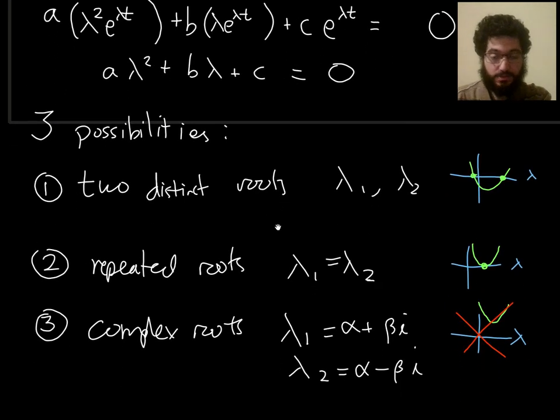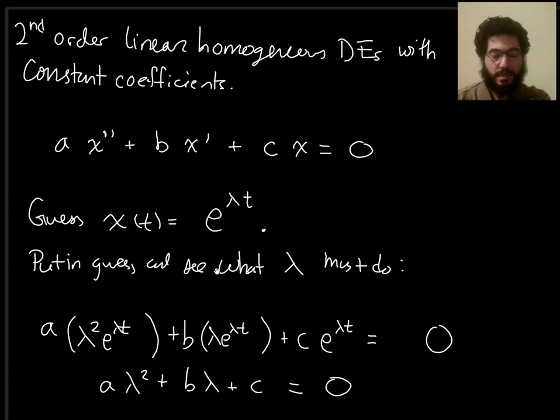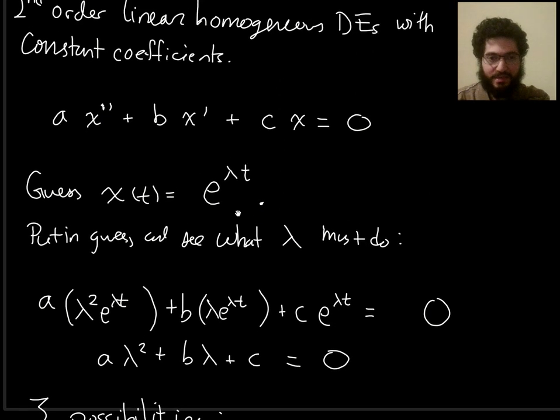All right, so this is a kind of outline of what we're doing this week. We're studying this type of differential equation. The method to solve it is always to make this exact guess here, and then plug your guess into the differential equation and see what condition it places on lambda.